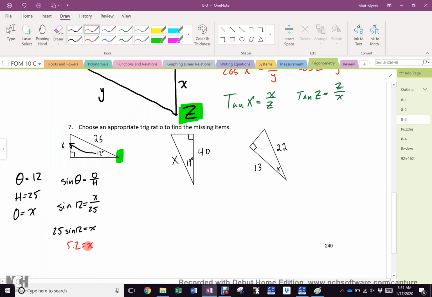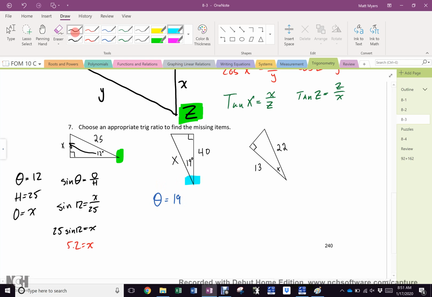Is everybody good? Even if you were not here yesterday, you should be okay. You just don't know why all this works, but you can watch the video and figure it out. Let's look at the second one. Do I have a theta? 19, which means this is the corner that I am looking at.